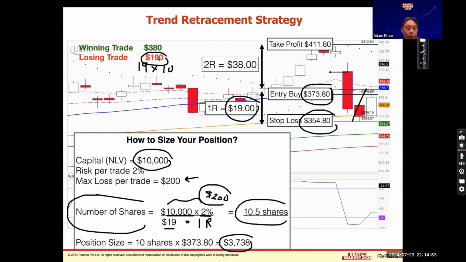And $190 out of 10 grand is a 1.9% loss, which is roughly 2%. If it hits your profit target, you make $38 per share times 10, you make $380, which is roughly a 3.8% gain. Do you follow me?